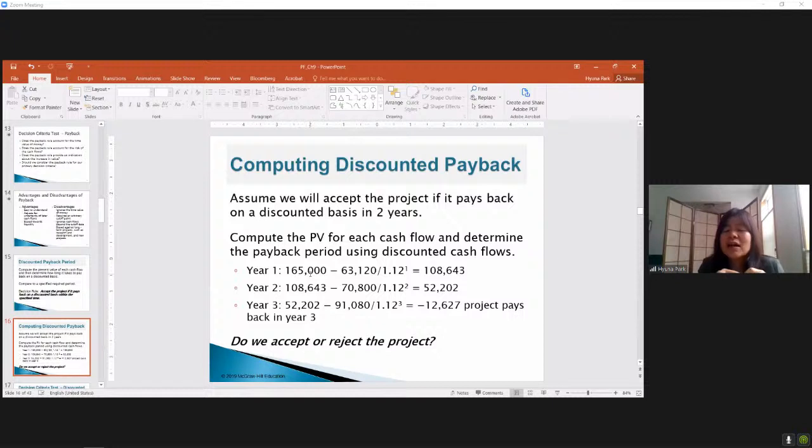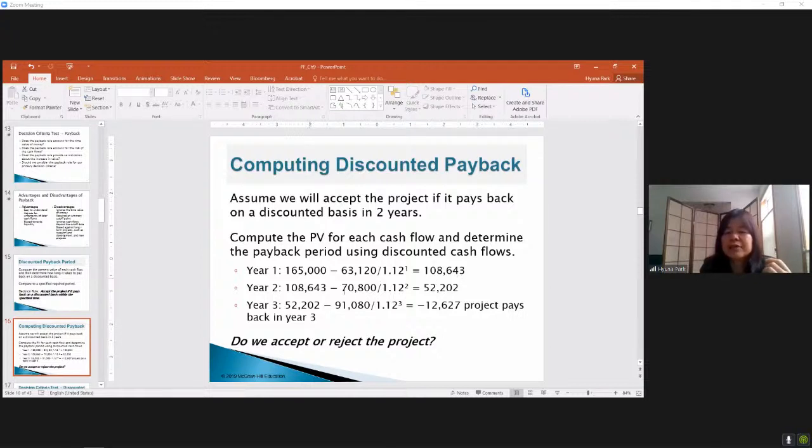But the year one cash flow, 63,120, should be discounted for 1 year, using the 12% discount rate. After 1 year, 643 is the remaining balance in terms of present value.